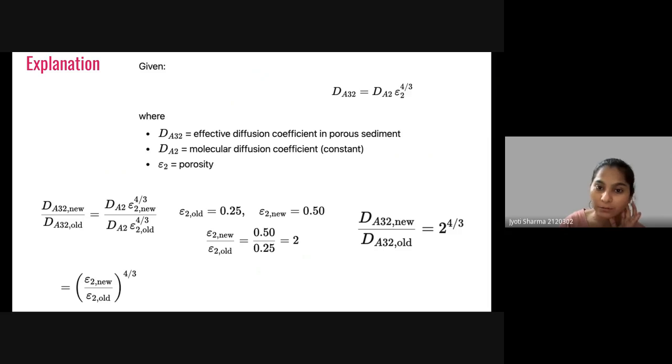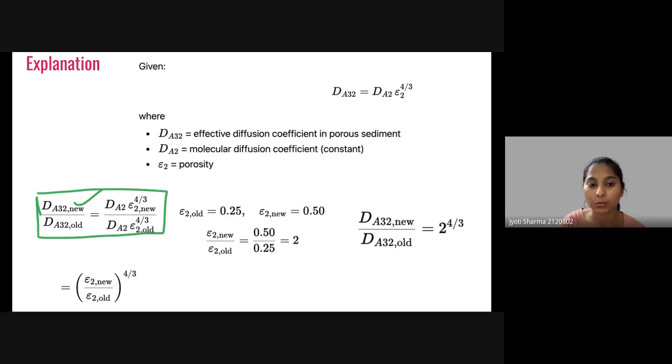And how we can solve this? So we were here. Okay, the new one is at the upper side. That was the mistake that I did, because this is upper one. So here Da2 epsilon 2 to the power 4 by 3, that is new, divided by Da2 epsilon 2 to the power 4 by 3, that is older one. So older one is 0.25 and newer one is 0.50.